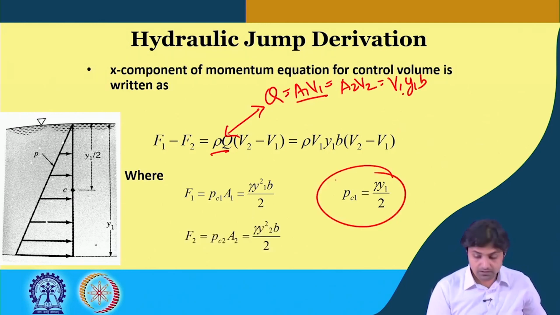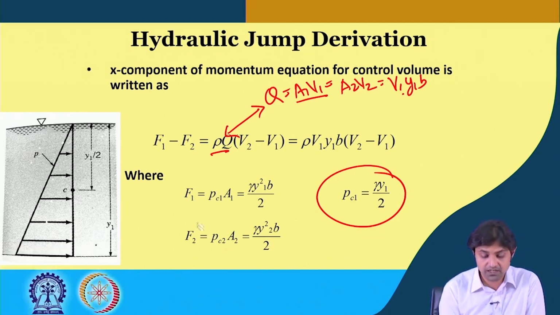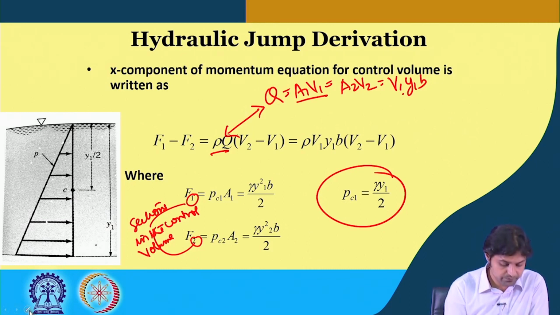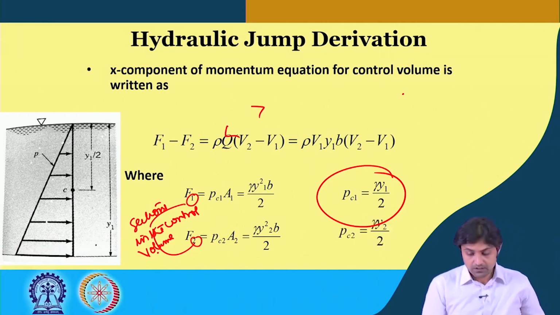Similarly, F2 is going to be the pressure at C2, where 1 and 2 denote the sections in the control volume, where PC2 is gamma into Y2 by 2.